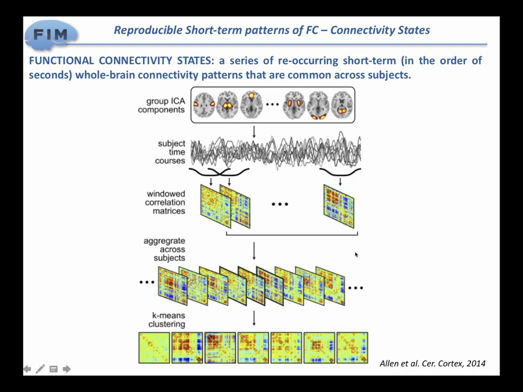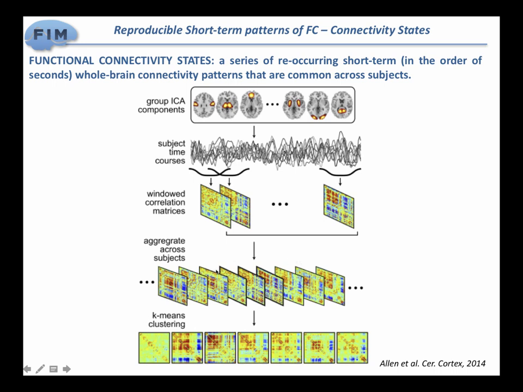functional connectivity states. So the idea here, you have your time series, you do a window correlation. For each window, you get a connectivity matrix, and then you do some aggregate across the subjects and use some type of clustering based on the similarity of this connectivity matrix.